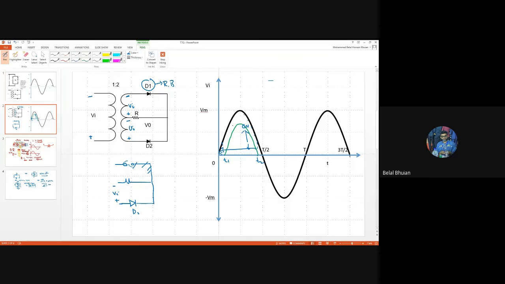Again, we're going to go through the same procedure. First of all, the transition state voltage. At transition, we know that Vd is equal to 0.7, I is equal to 0.